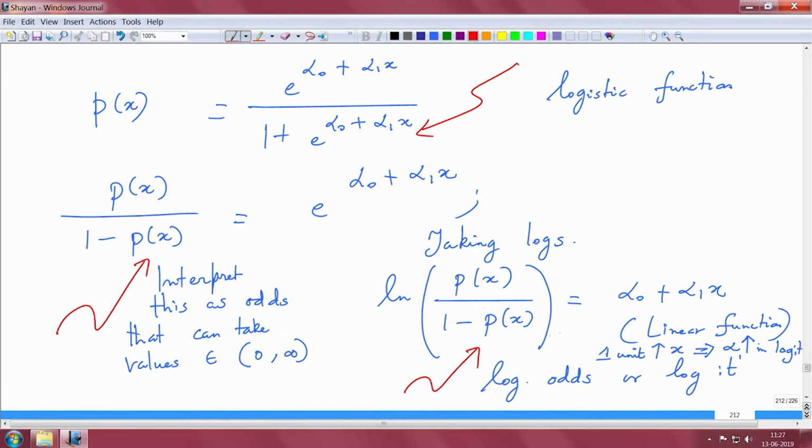Now, this is a linear function, because 1 unit increase in x can have alpha 1 units increase in the logarithm of these odds, and we interpret these log odds as the logarithm of the likelihood function, right.